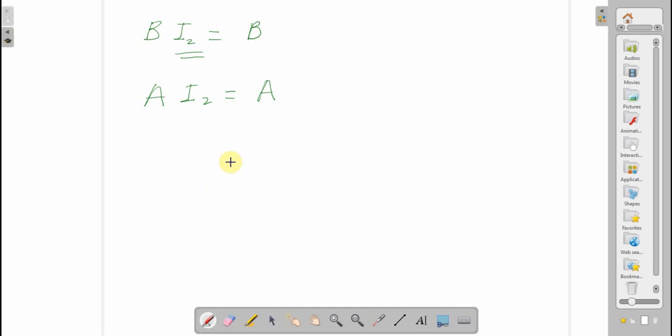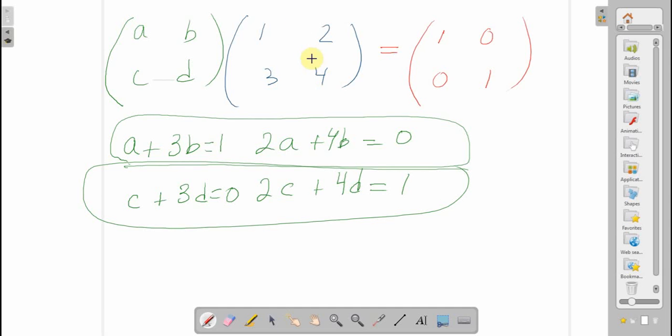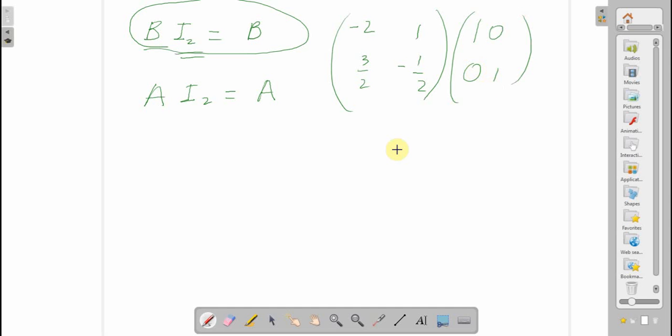Alright, so let's do the first step. So we found B, so let me retrieve those numbers again. So minus 2, 1, 3 over 2, minus 1/2. So let's do this one, minus 2, 1, 3 over 2, minus 1/2. That's B times I2, 1, 0, 0, 1.